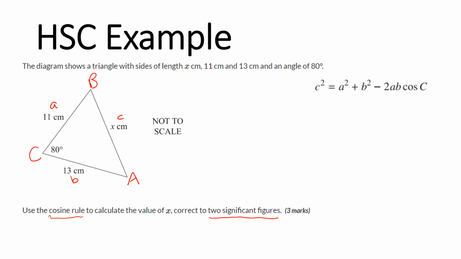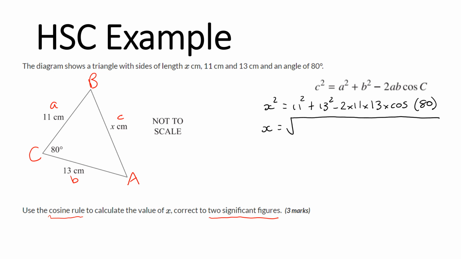So using our formula, C squared, well that's going to be x squared equals 11 squared plus 13 squared minus 2 times 11 times 13 times cos 80. And again, we have this x squared, so we know that we're going to have to take the square root, and you can just enter it straight into your calculator like this.